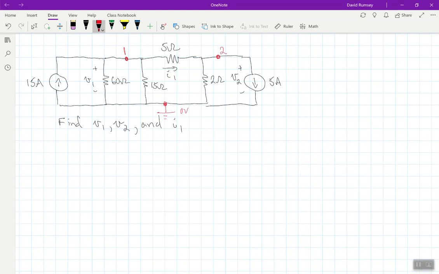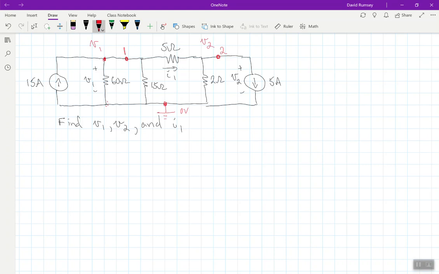The voltage here is absolutely going to be V1, because V1 is the drop across the 60 ohm, this voltage minus the voltage at the bottom, and since that's 0, it's just this top voltage. So this node voltage is V1, and this voltage here similarly would be V2.